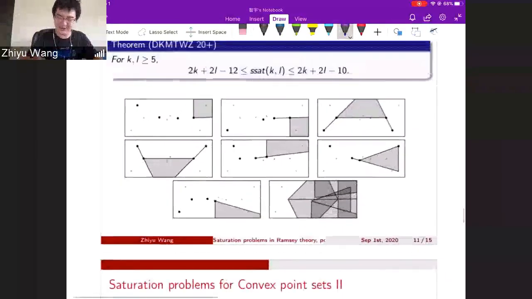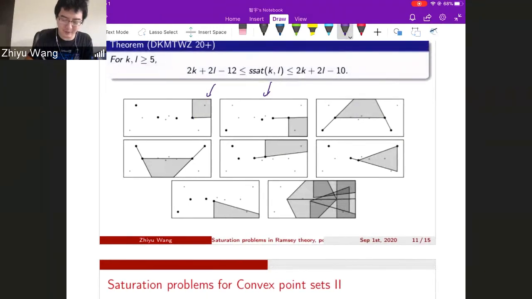Basically, we want to forbid every region, so that no point can be added while avoiding the 5-cup or 5-cap. You can look at each case. For each region, we can find four points so that we can forbid this gray region. If you add any point into this gray region, you are going to have a 5-cup.